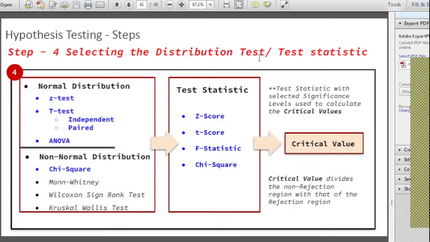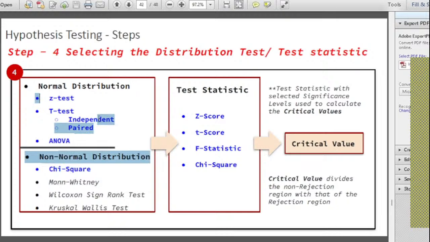But how did I get the 3% and 15% with which I will compare 5? For those, we get that number from distribution tests. There are different types of distribution tests. We are going to do z-test, t-test, ANOVA and chi-square, right?